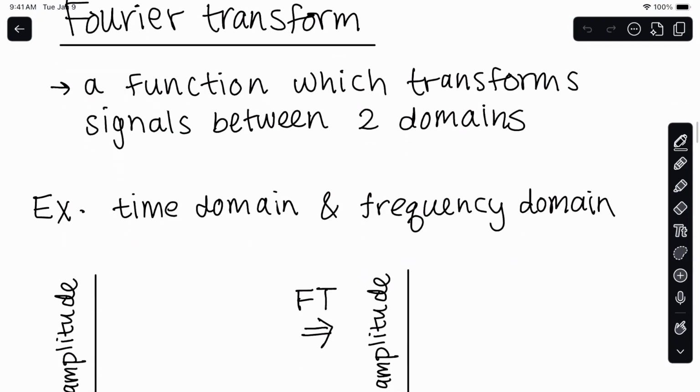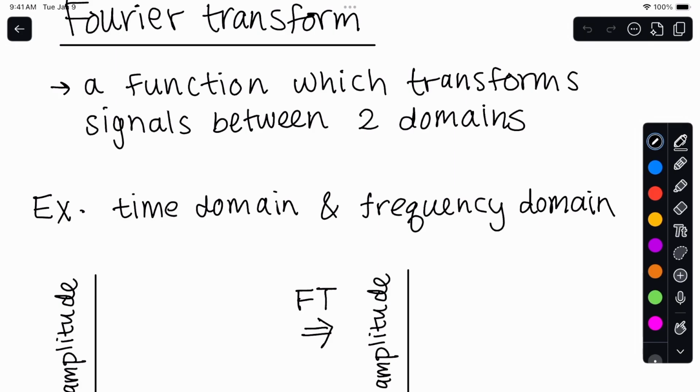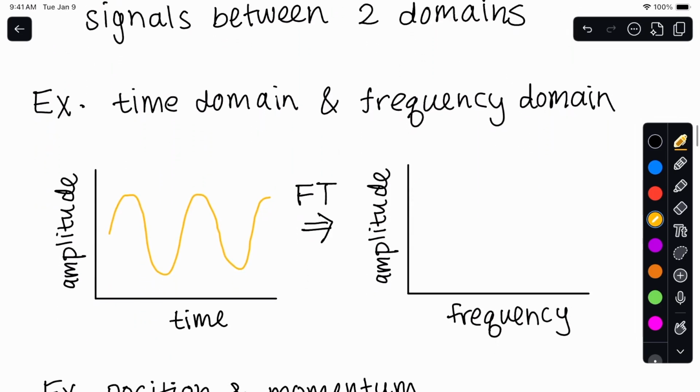So for instance, you could have a signal where the amplitude is just varying sinusoidally over time, and this signal has some frequency component to it. So the Fourier transform would pick out the frequencies that are present in the signal. In this case, if we perform the Fourier transform, we'd end up getting a single spike at the frequency of that sine wave.